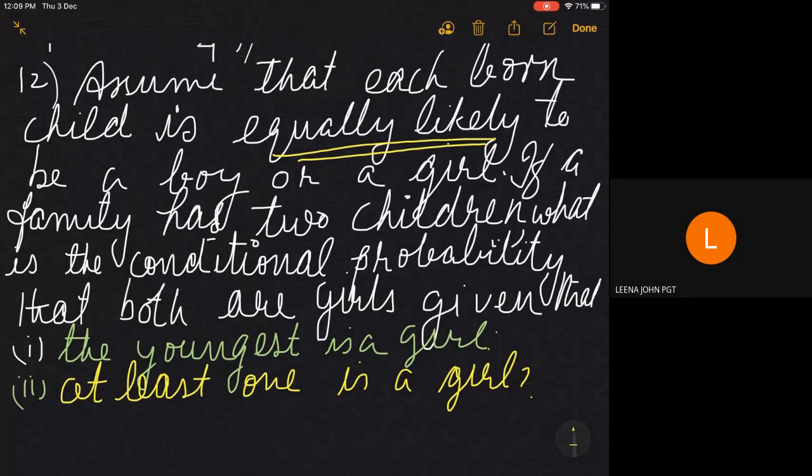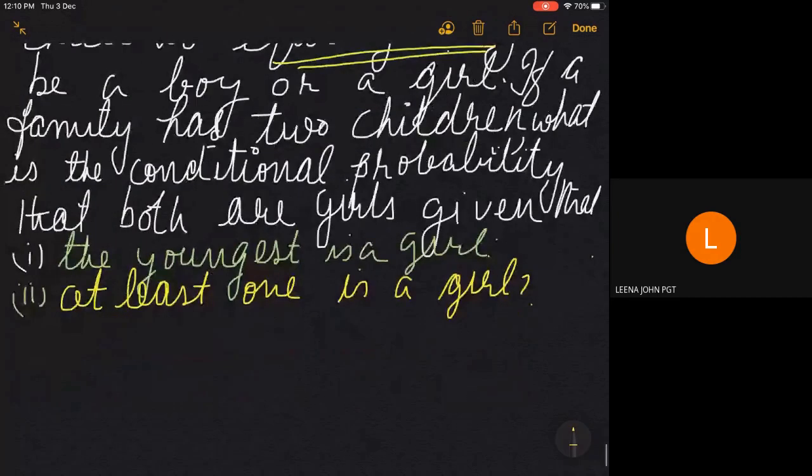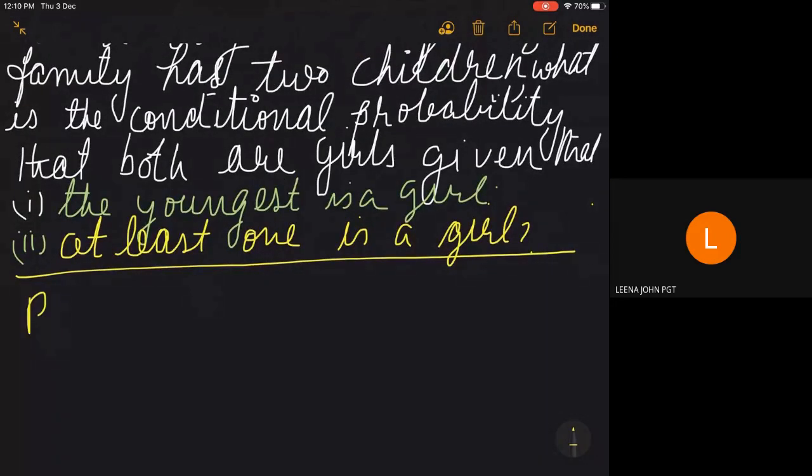So we are just taking note of the children of a family and the outcomes are boy and girl, and getting a boy or getting a girl are equally likely outcomes. They have equal probability. And if a family has 2 children, what is the conditional probability that both are girls, given that the youngest is a girl, or at least one is a girl. So this question is for conditional probability. And for any probability question, there is a random experiment.